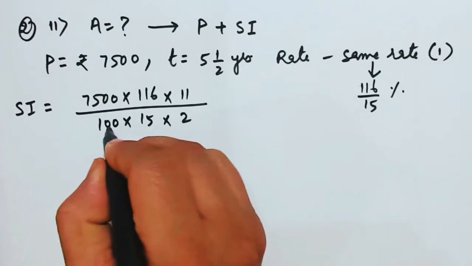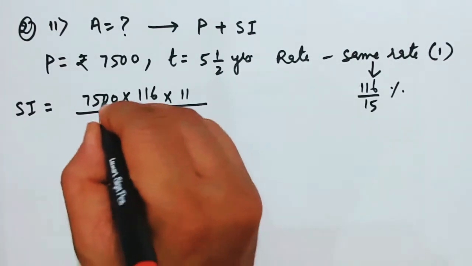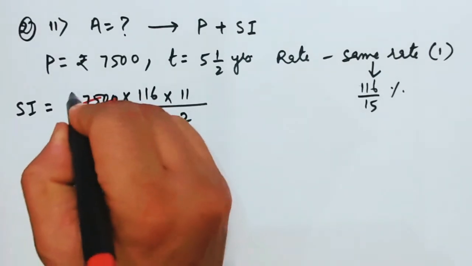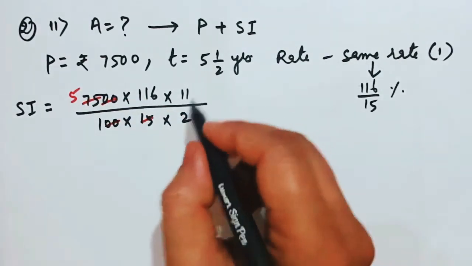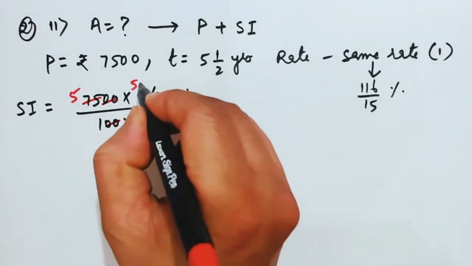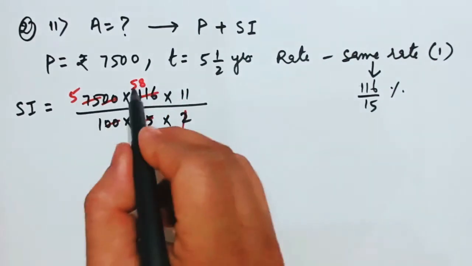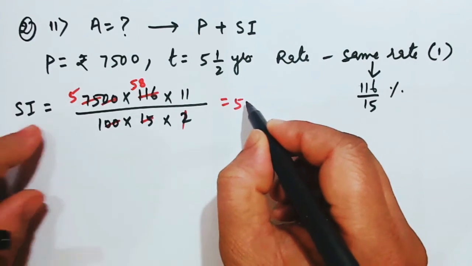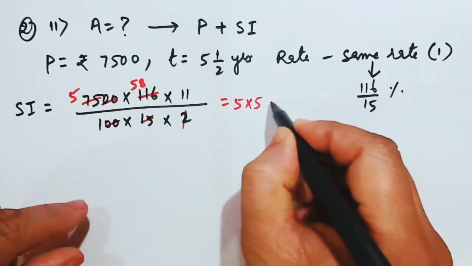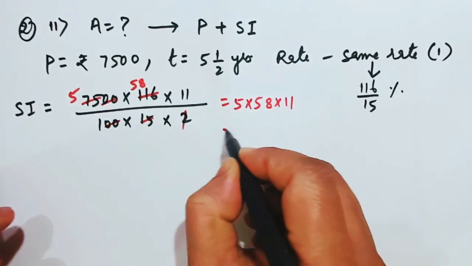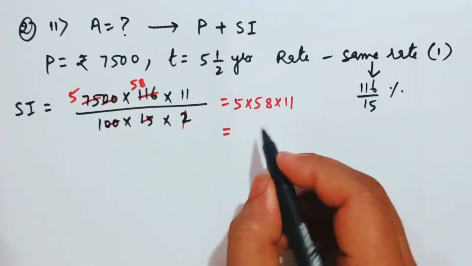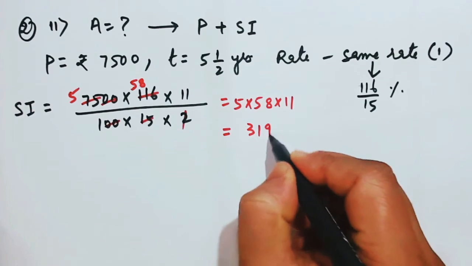On solving, what will you get and how are you going to solve it? 15 how many times? 15 5 times, and 2 58 times. So 5 into 58 into 11 will give you how much? You will multiply this and get a value of 3190.